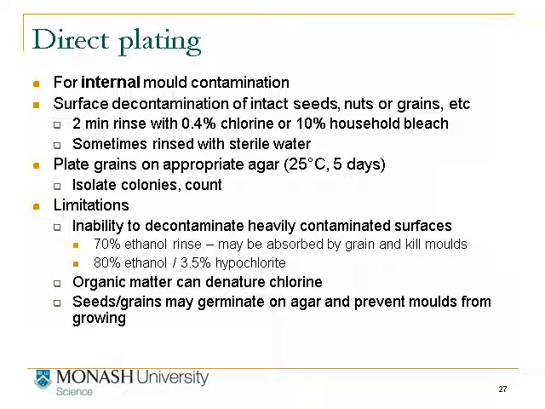However, there are limitations to all these methods, as sometimes there is an inability for us to decontaminate heavily contaminated surfaces. Sometimes the alcohol used can be absorbed by grain and the molds get killed, or the bleach is also killing off the fungi that we intend to isolate.